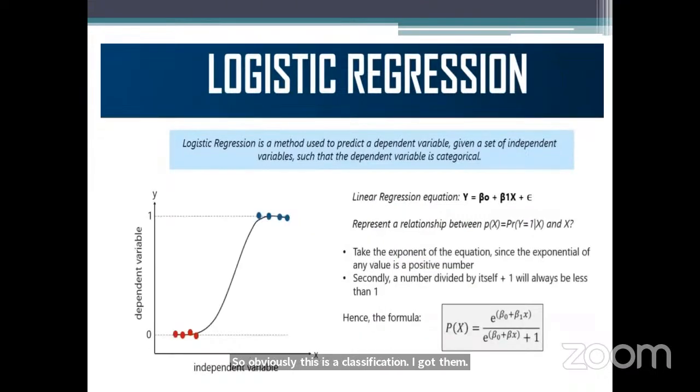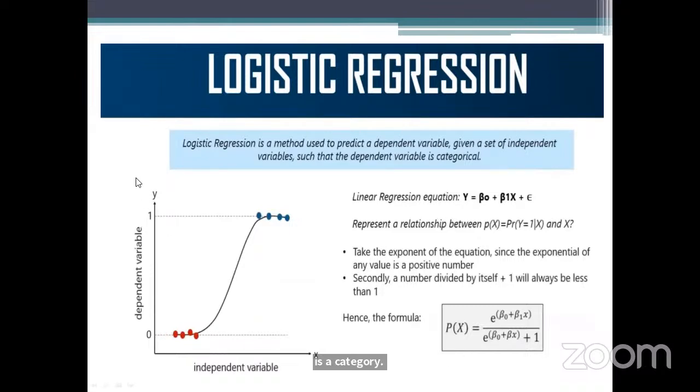Now, how does logistic regression work? Look at the graph. I told you that the outcome of logistic regression is categorical. Your outcome will be either 0 or 1, right?